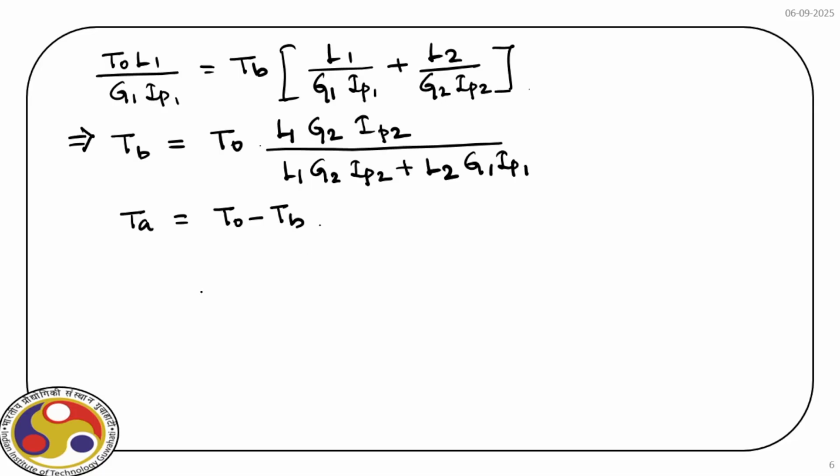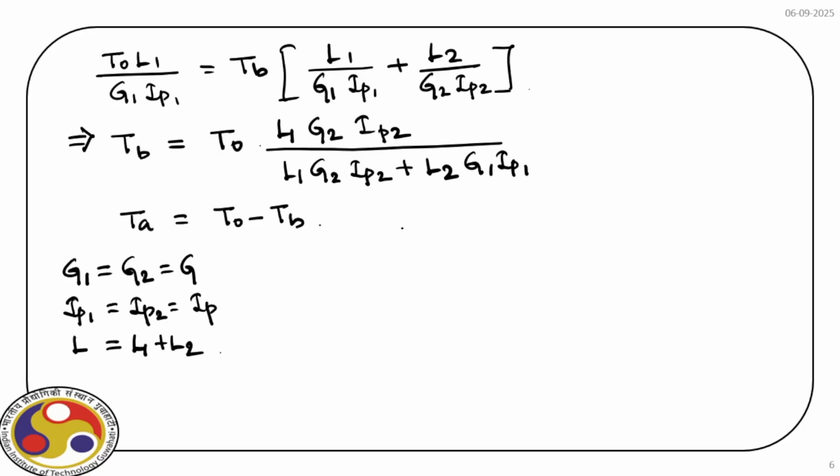Now if you consider a special case where we have G1 is equal to G2 is equal to G, that is the same material is used, and IP1 is equal to IP2 is equal to IP, and L, the total length, is obviously equal to L1 plus L2.